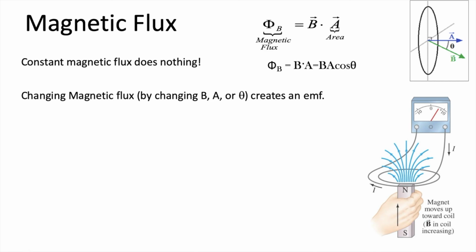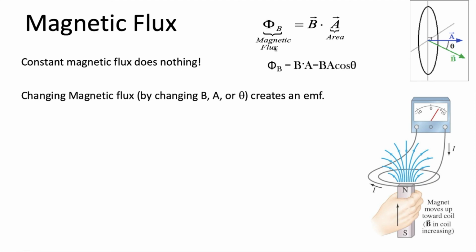And this magnetic flux depends on two things, as you can see from the formula. It's the dot product of the two vectors. Magnetic field is a vector, area is a vector here, and the dot product we can write as the magnitude of each, BA, and the dot product takes the cosine term at the end.